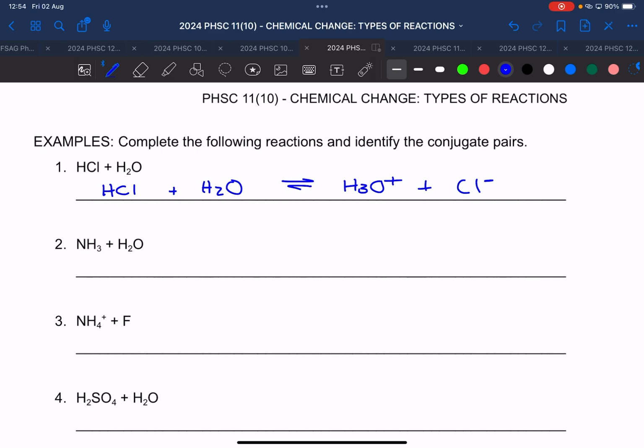Why do they form an ion? Because it gains something that has now more. This is a proton, right? So it gives it to this thing, now it has more protons than electrons, and this one has now one more electron.